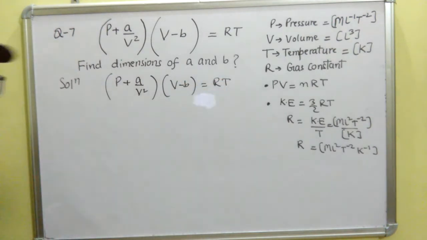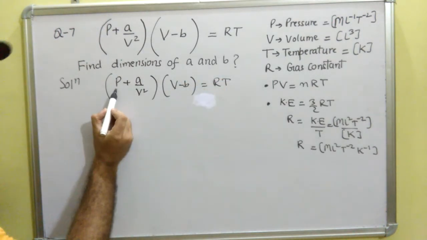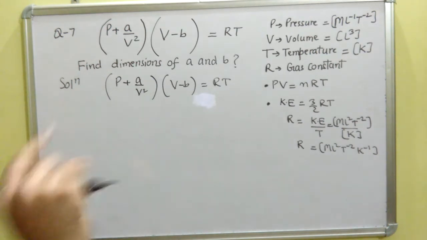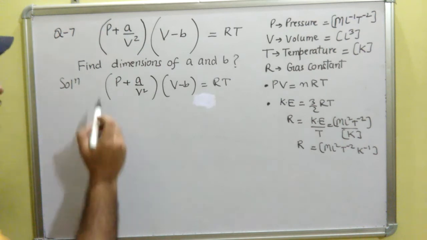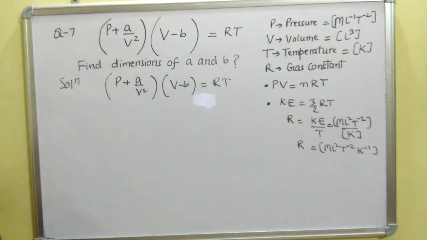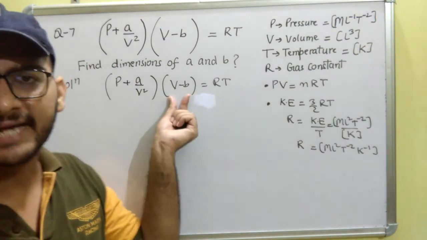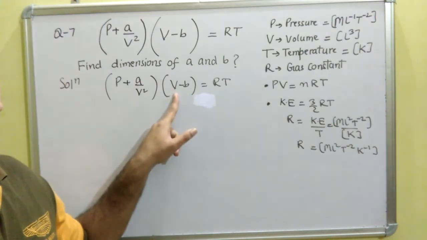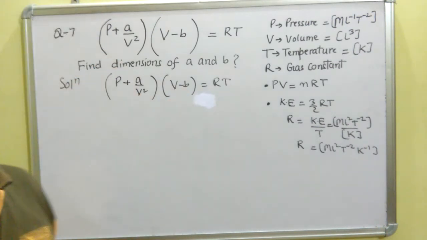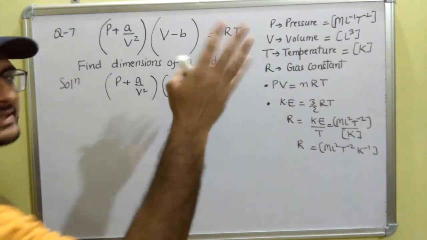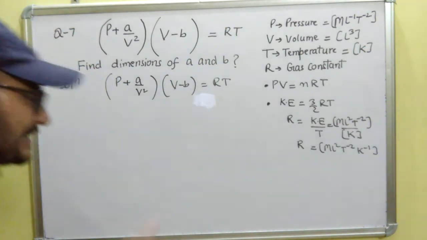Now look over here. In this bracket you have pressure plus A upon V square. Now we know only same dimensions can be added or subtracted. So whatever is the dimension of pressure should be equal to the dimension of A divided by V square. Look in this bracket, we have V minus B. So whatever is the dimension of V should be equal to the dimension of B, because only same dimensions can be added or subtracted. So we don't require this RT for solving this question.